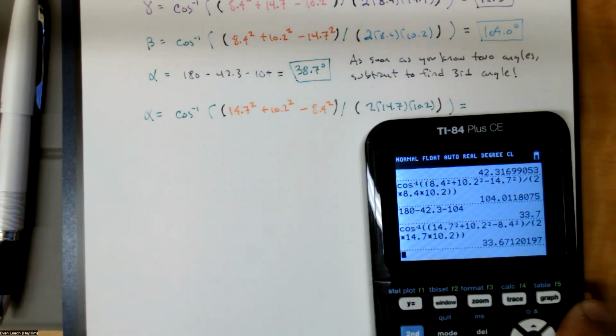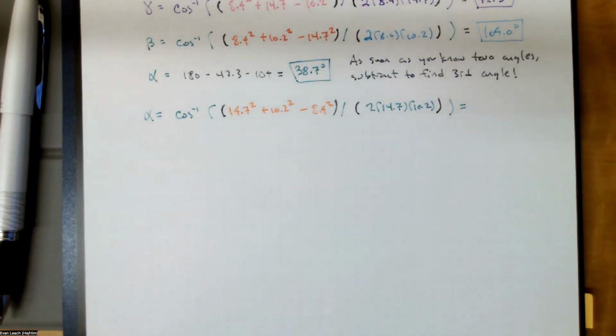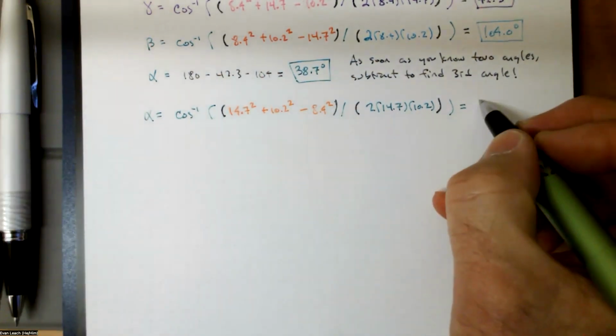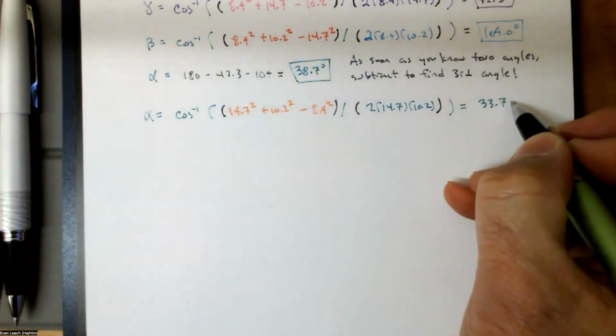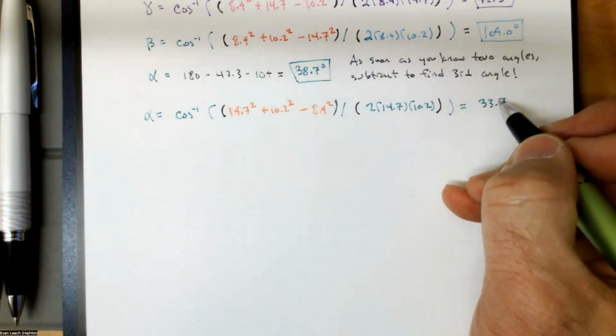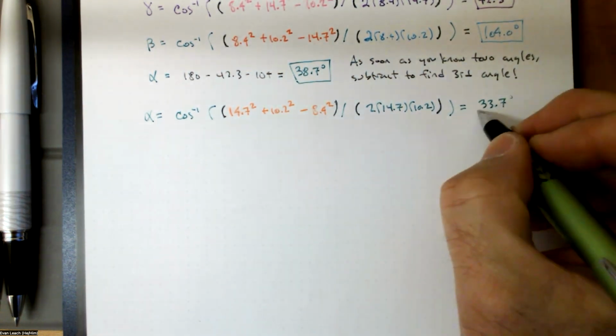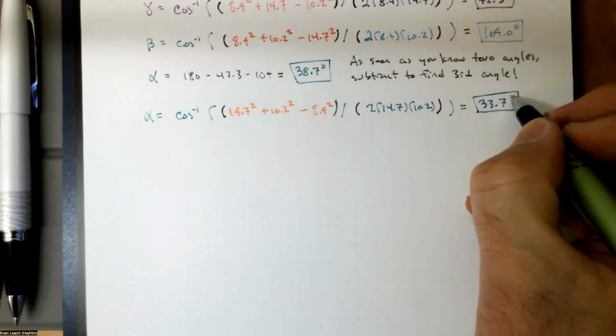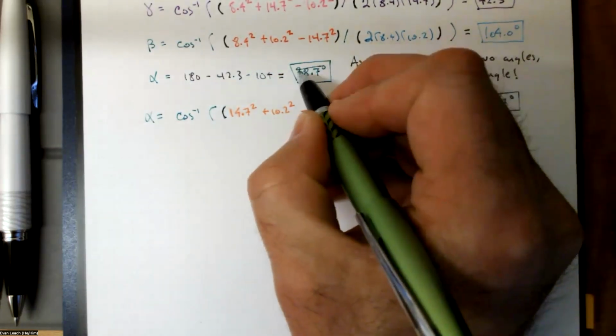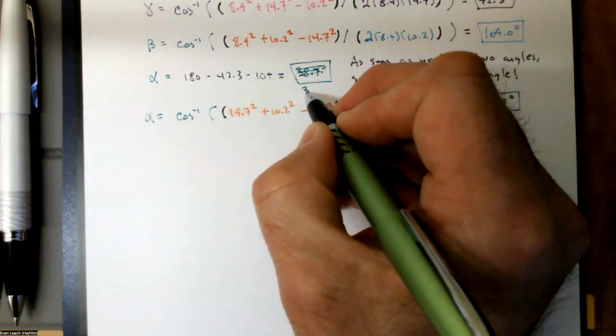There's our 33.7 degrees. 38.7 degrees. 33.7. This one was also 33.7. I just didn't see it.